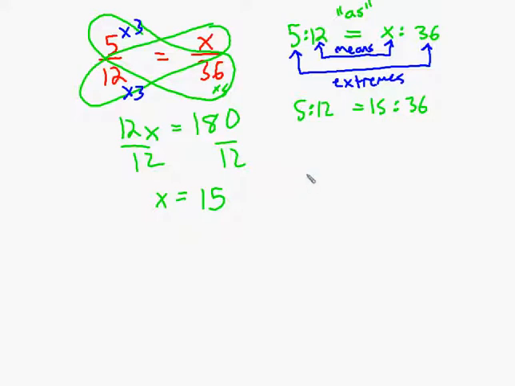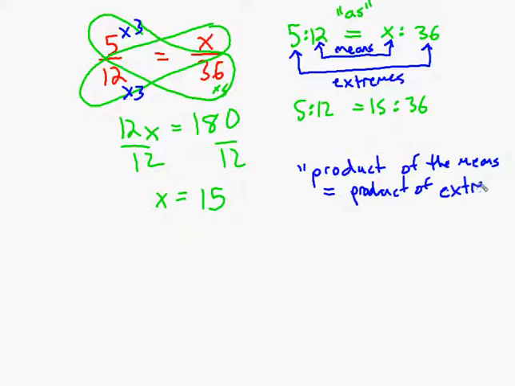And the saying goes, the product of the means equals the product of the extremes. Product of the means equals the product of the extremes. So we can just cross multiply if we set that up right.